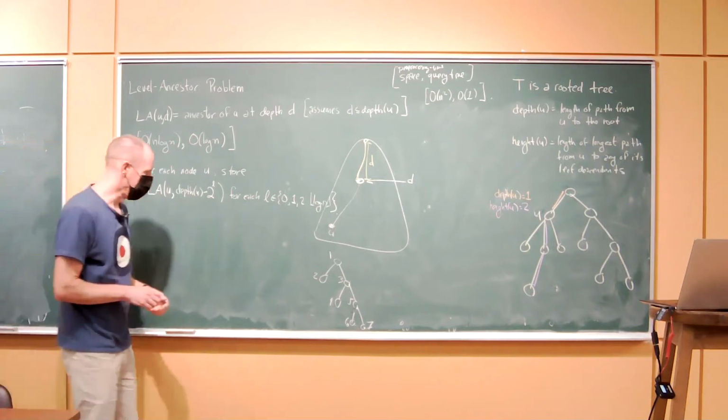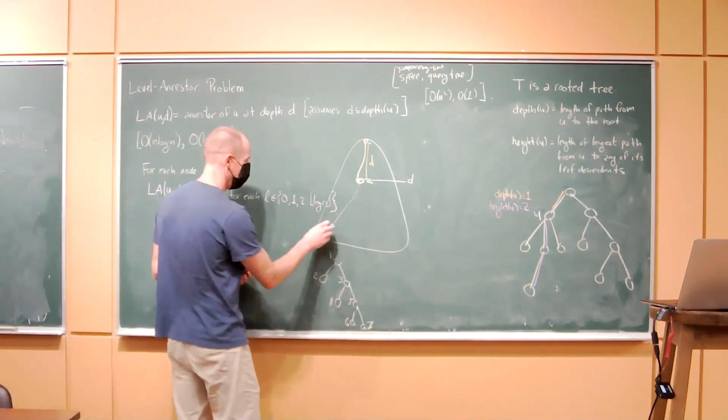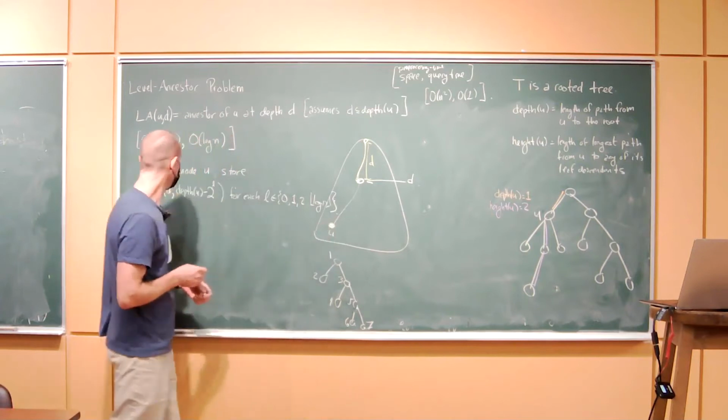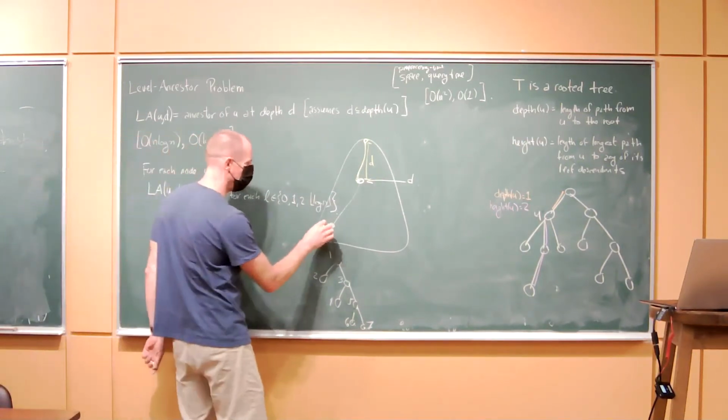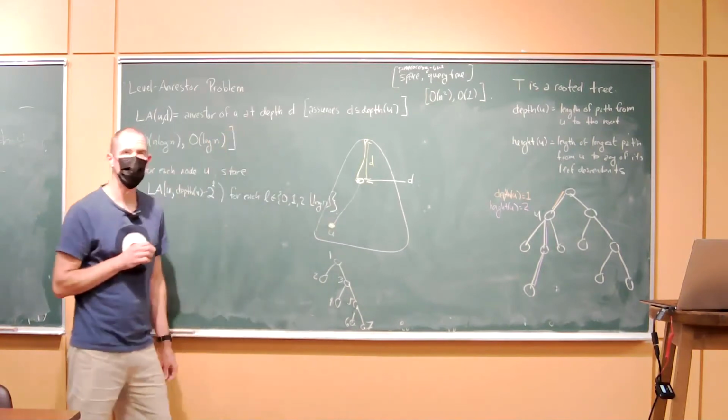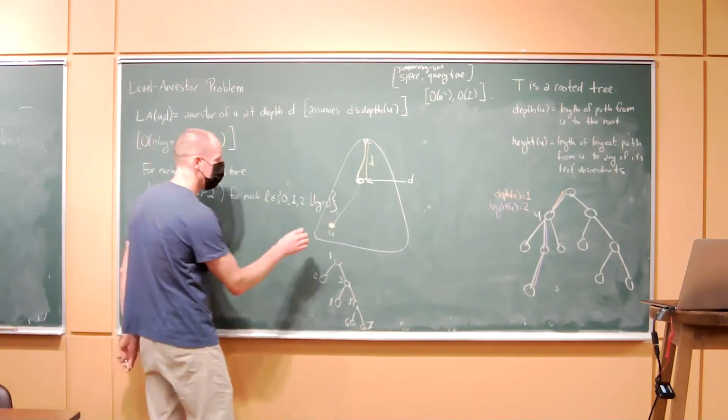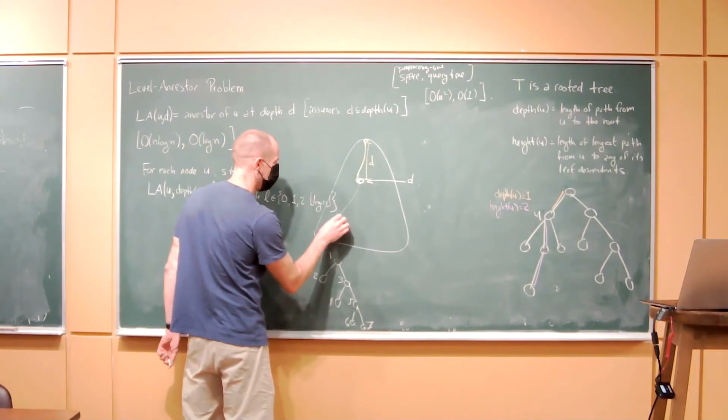And so what does that mean graphically? Well, the first entry, the first pointer from u, which we'll call a jump pointer, is just to its parent.